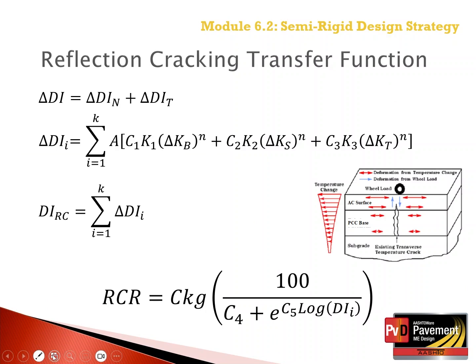So the cumulative damage index from the stress intensity factors is then used in the reflection cracking transfer function to predict the rate of reflection cracks, which is then used to determine the length or area of reflected cracks that we can see and measure at the surface.